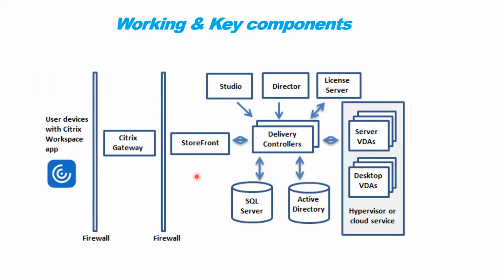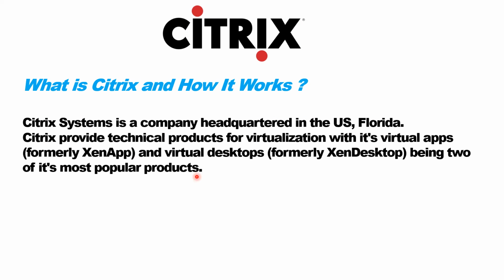Same in VMware Horizon. Whatever hypervisor you use, in the current market we have three most popular hypervisors. Can someone tell me the names of the three most popular hypervisors available in the market right now?